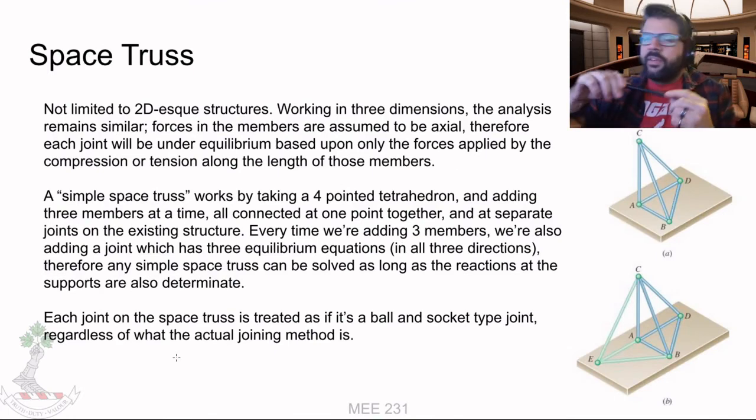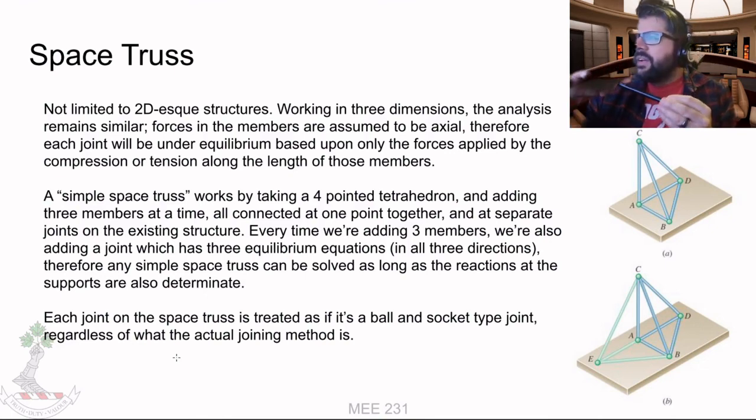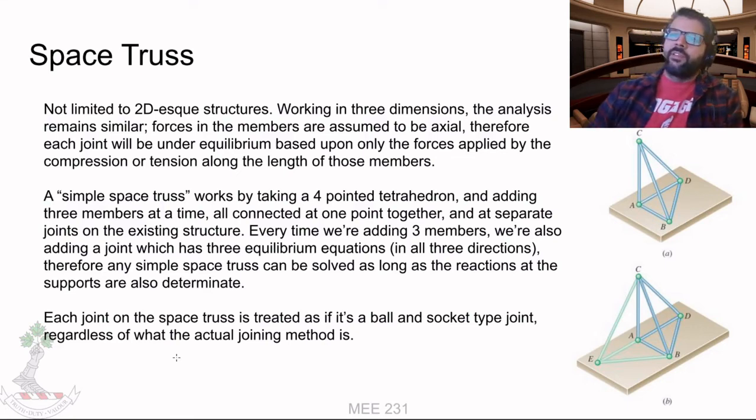Obviously, we've been looking at 2D structures, basically. A lot of trusses are, but it doesn't need to be. So we got what we call a space truss. So the analysis is basically the same thing, just more tedious and annoying because you're working in 3 dimensions.